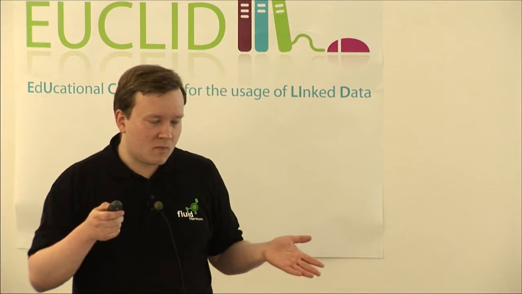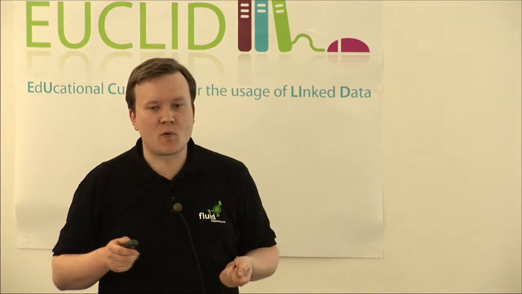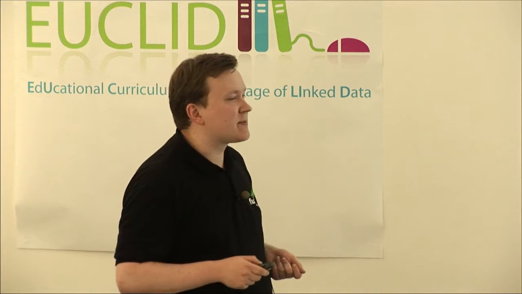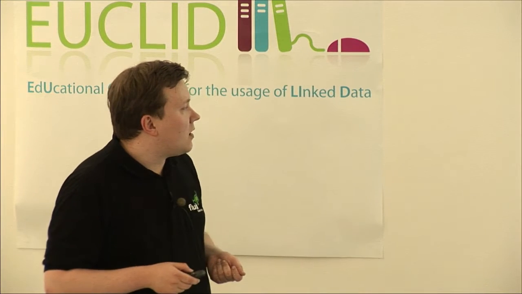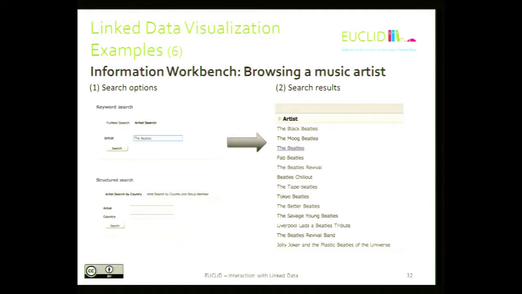The visualizations that we use also allow for interacting with the data in an explorative manner. So for example, you may start using the system on the front page with a full text search here, searching for the Beatles. And I mean, it's the usual story.